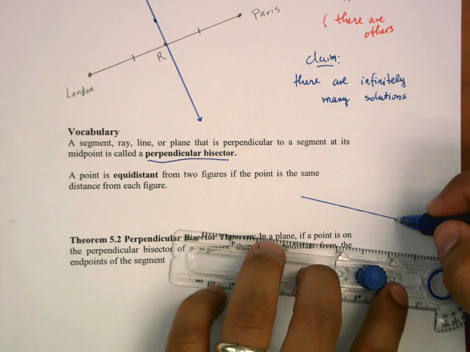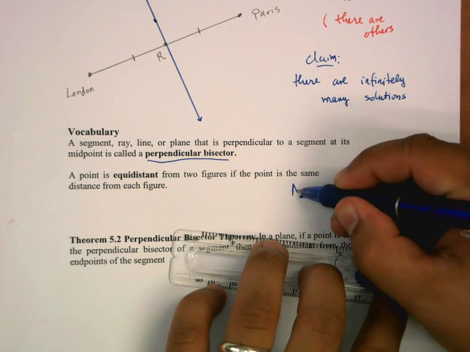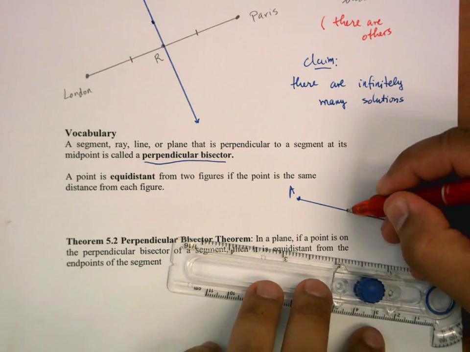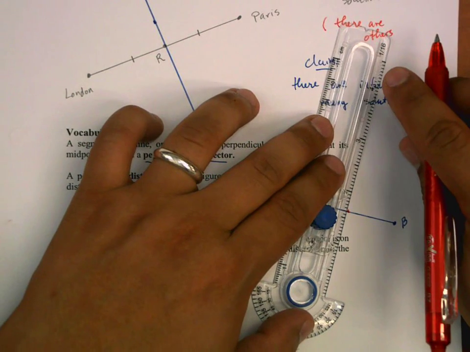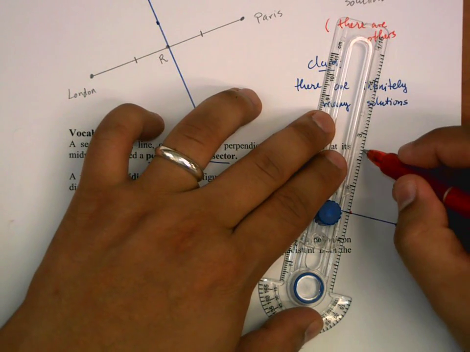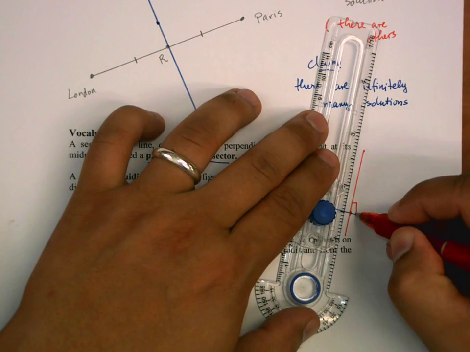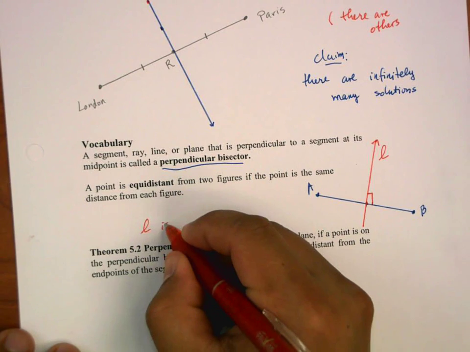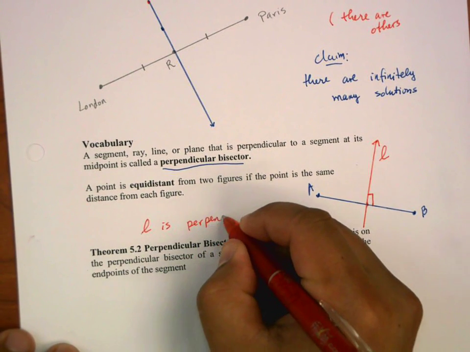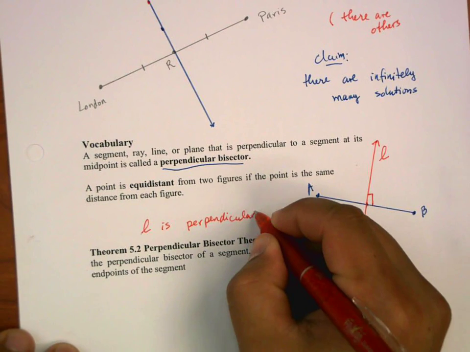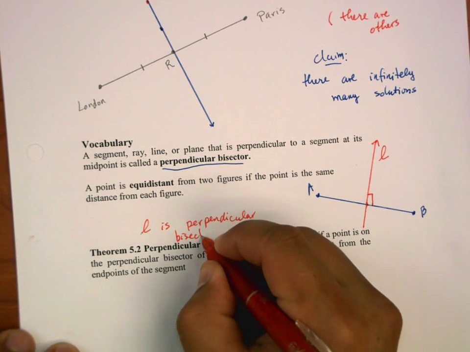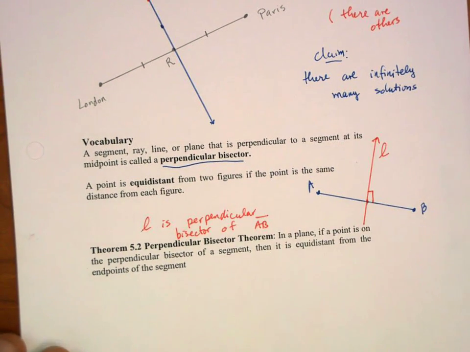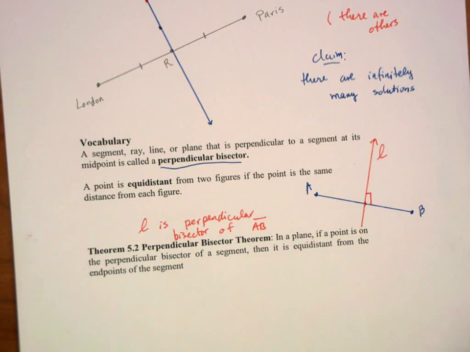If I have some generic line segment, let's call this AB, and then I find the midpoint, and then I draw a line perpendicular to it, then we can say that this is line L, that L is a perpendicular bisector of segment AB. That's what the definition of this term means.